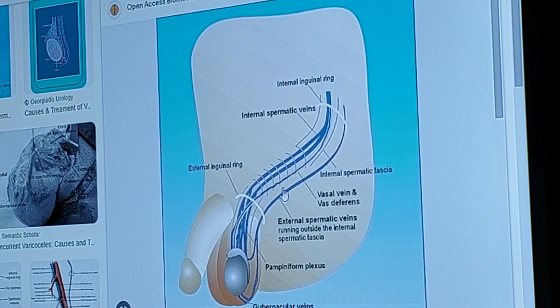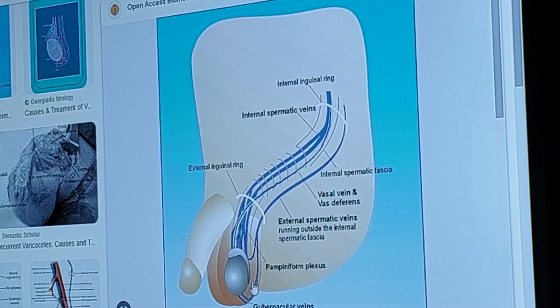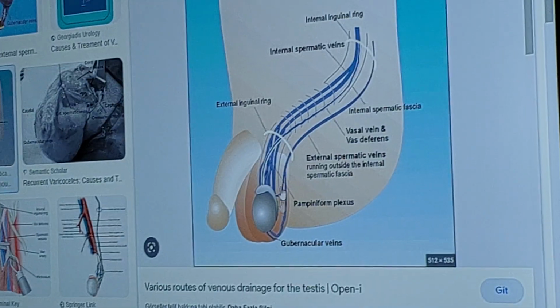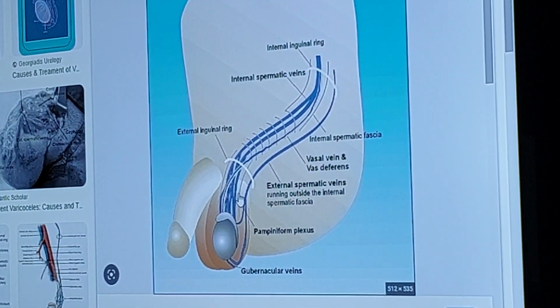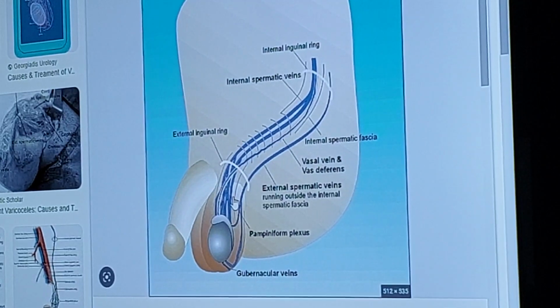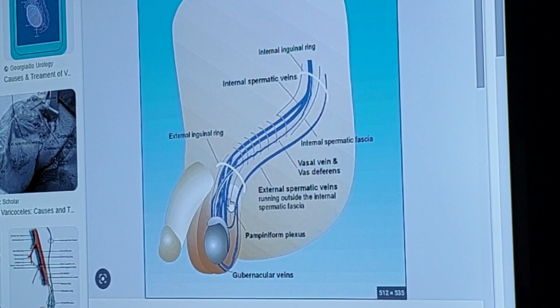Because of the connection of the gubernacular veins with the external veins, and sometimes all of these three structures together, it is recommended in some centers to ligate the gubernacular, external and internal veins all together, but in some other centers they conclude that there is no difference between delivering the testis or not. In our clinic, we want to deliver the testis.